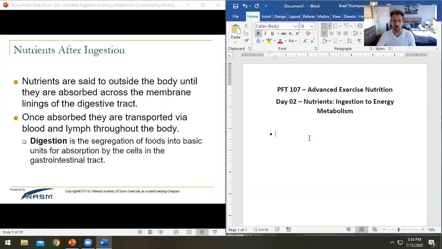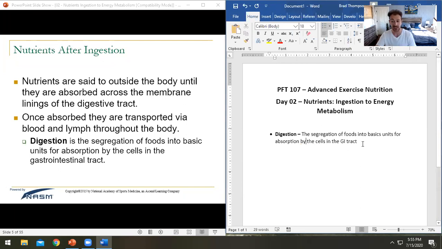So we'll start off by talking about digestion, because we can't do any of that unless we get it really small. We have to get these materials from that outside environment to the inside environment, and to do that, they have to get really small. That's where digestion comes in. It is the segregation of foods into basic units for absorption by the cells in the GI tract, your gastrointestinal tract.